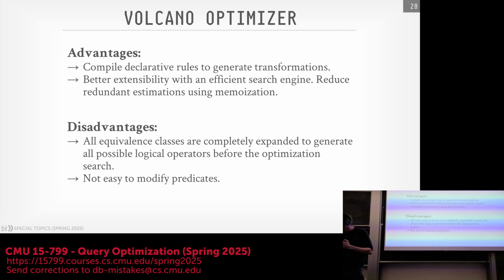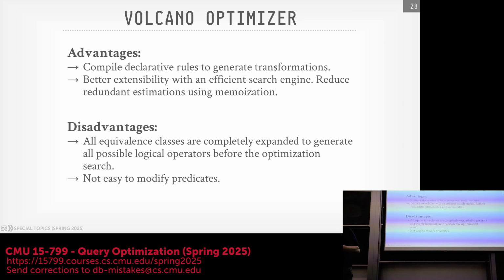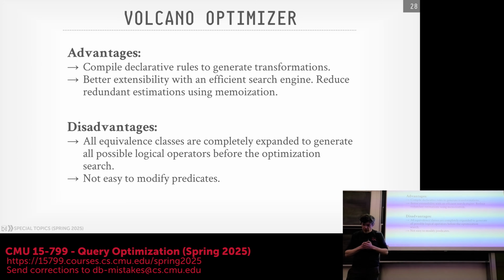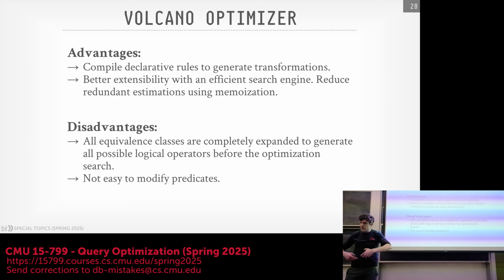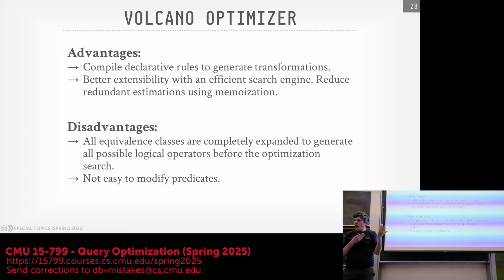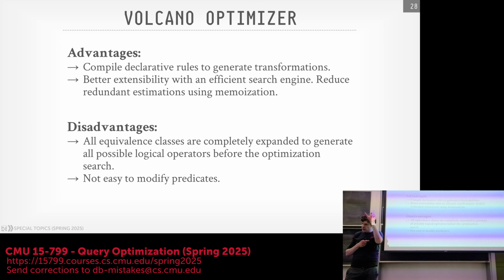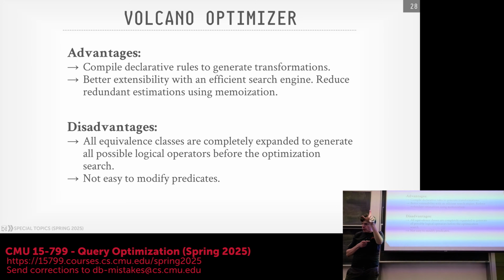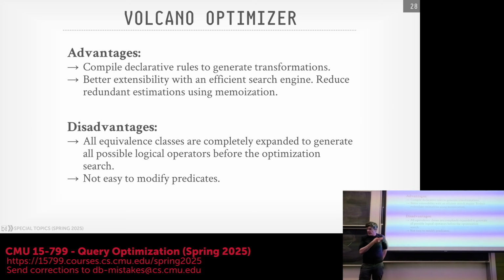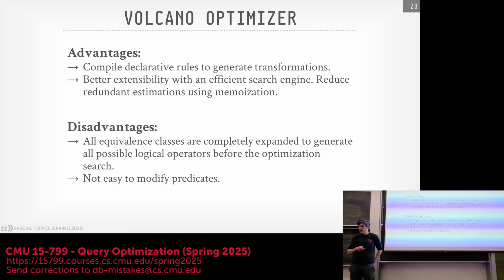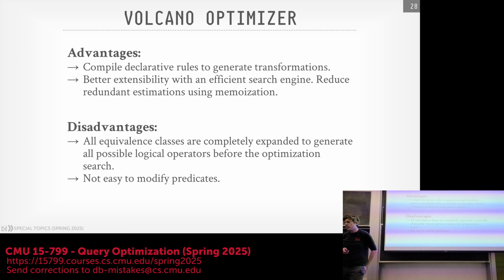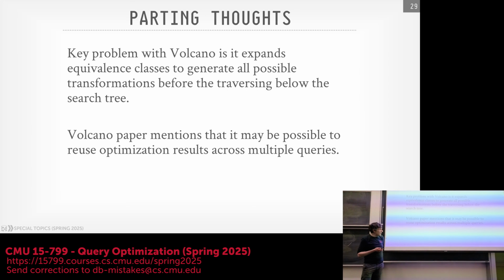I meant the transformation rules, like that since it was compiled, you had to make changes, recompile the whole thing, and inject it back in, right? Where they call out Postgres. In Postgres, you can augment the optimizer by putting in rules at runtime without having to recompile everything. Starburst claimed the same thing as well. So it's actually not easy to modify the behavior of the system. Yes, that's the typo. Thank you.